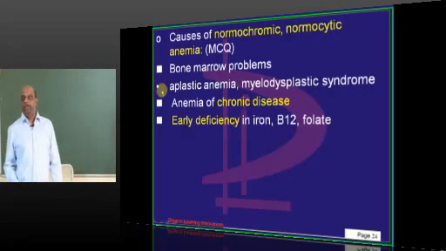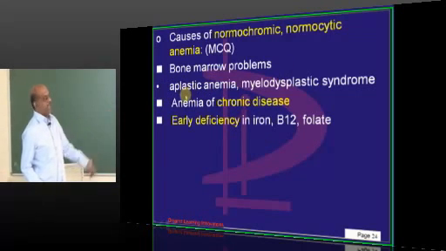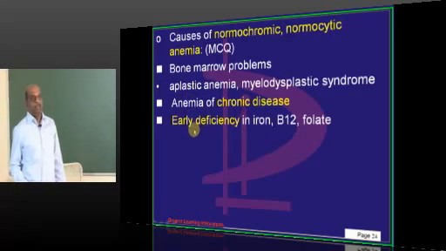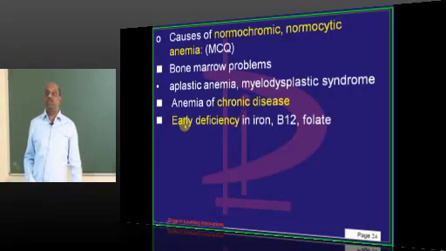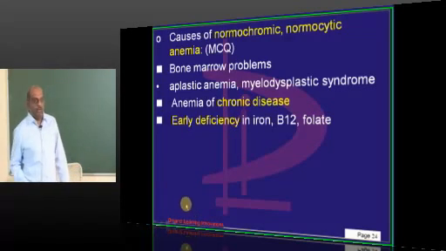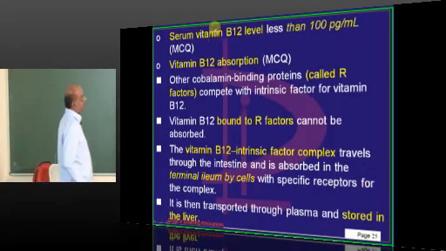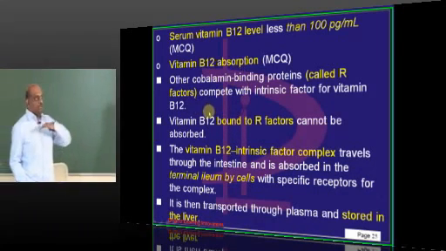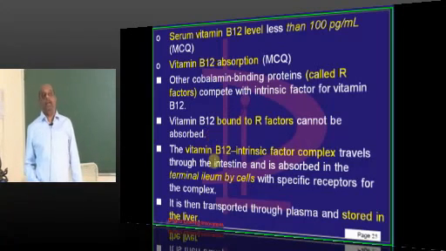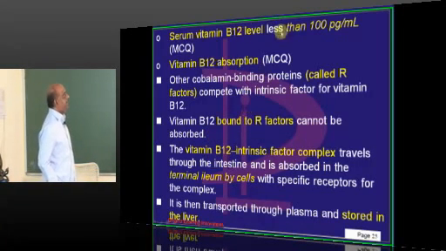Any bone marrow problem like myelodysplasias, aplastic anemia, anemia of chronic disease, or even iron and vitamin B12 deficiency in the early stages will be normocytic normochromic only in the early stages. Serum vitamin B12 level, what is the benchmark value? You need to remember 100 picograms per ml.